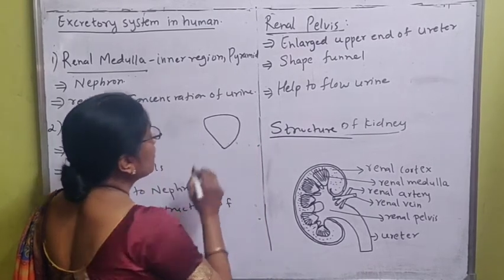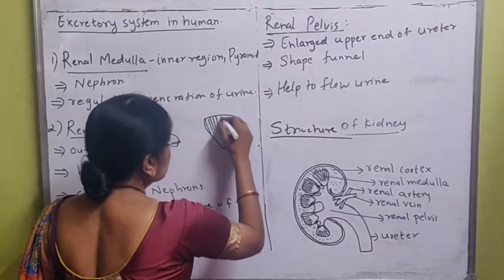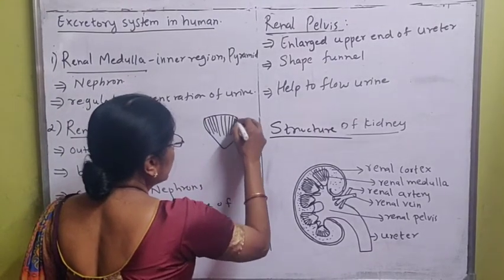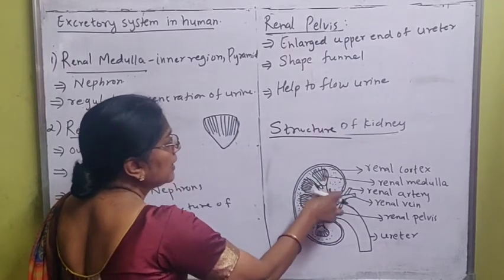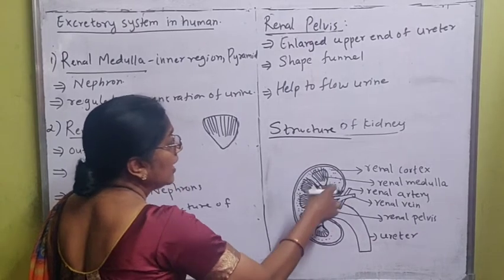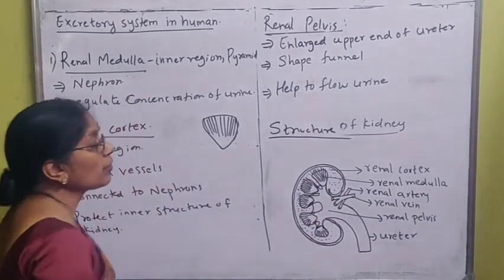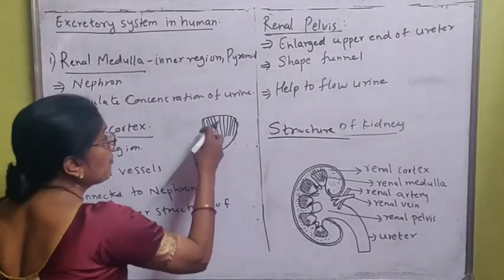It is in the shape of a pyramid. Okay, this is your renal medulla. You can see the renal medulla are interconnected with each other and surrounded by blood capillaries also. So it is the shape of a pyramid.